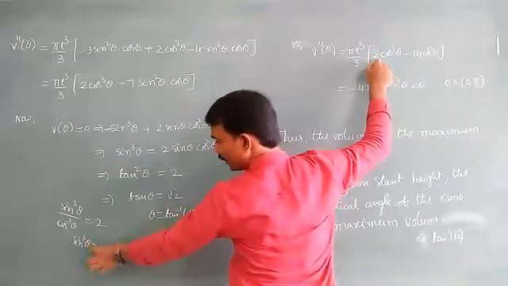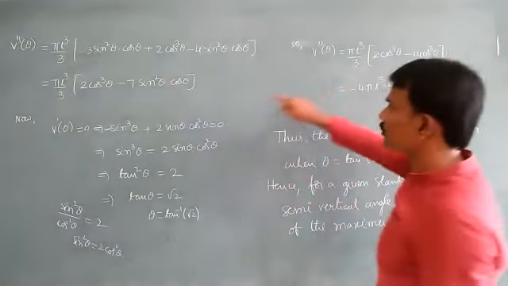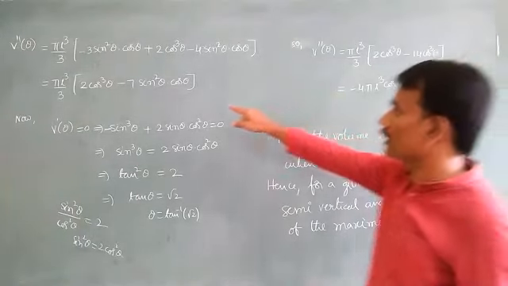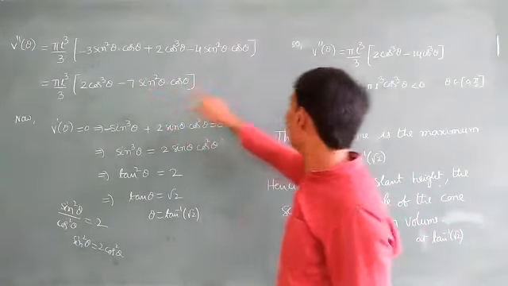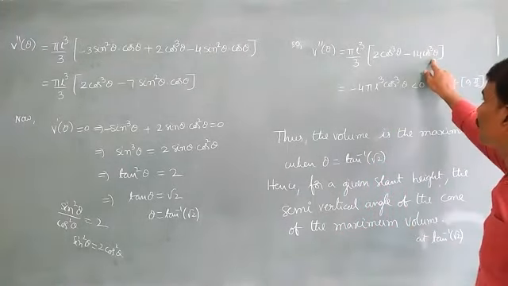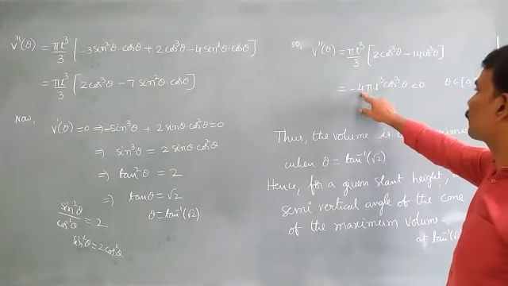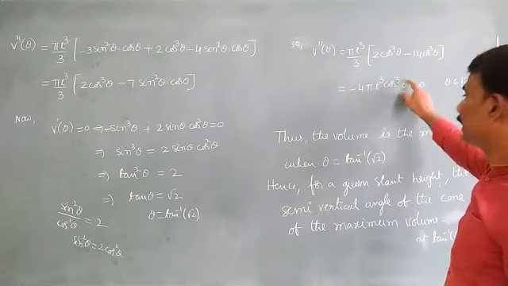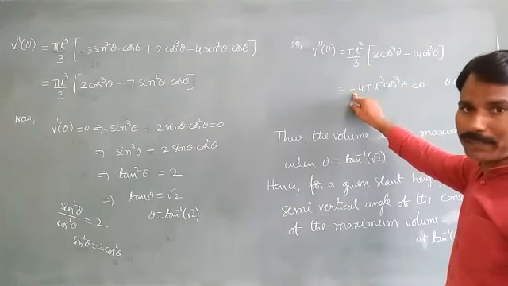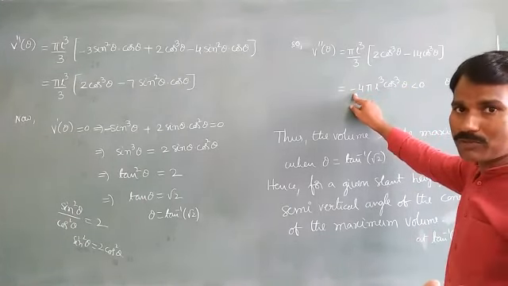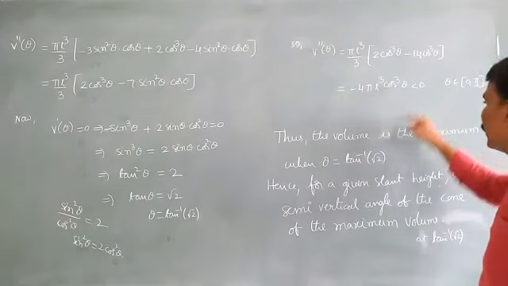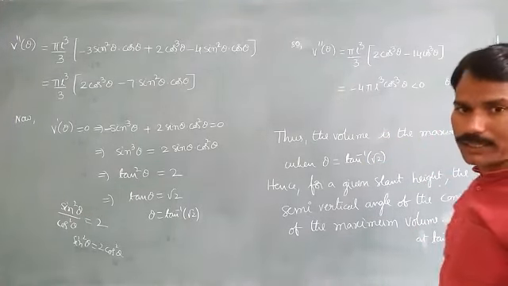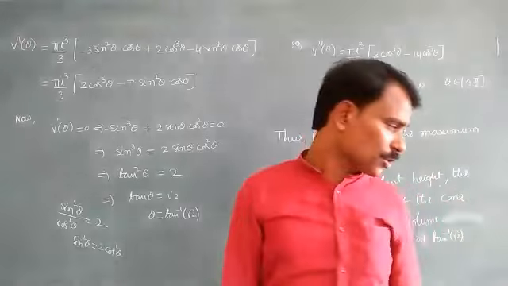Sin square theta you can write as 2 cos square theta, 2 cos square theta into cos theta, 2 cos cube theta, and 7 times that means 14 cos cube theta. Finally by simplifying you will get minus 4 pi L cube cos cube theta. Theta is a positive value, so plus into minus gives minus. Finally the double derivative test value is less than 0 only. Then write this part. Okay, this is the conclusion for the 25th problem.